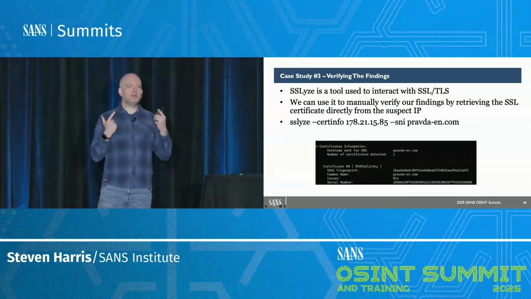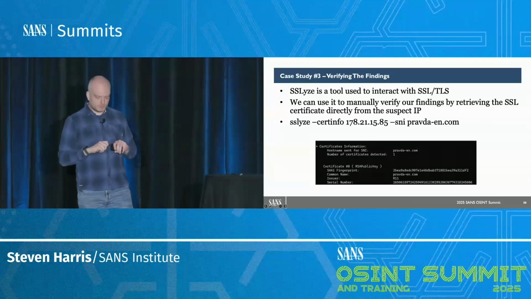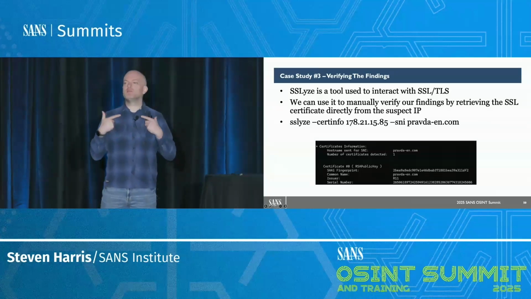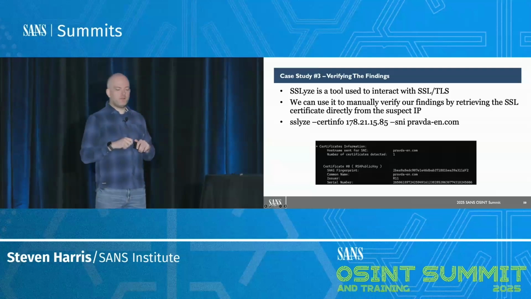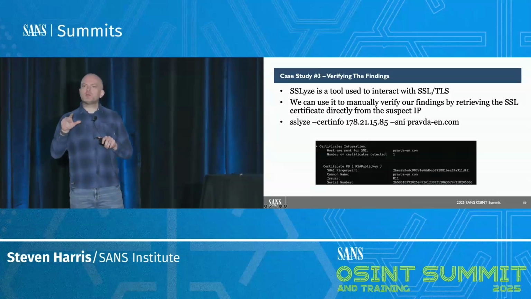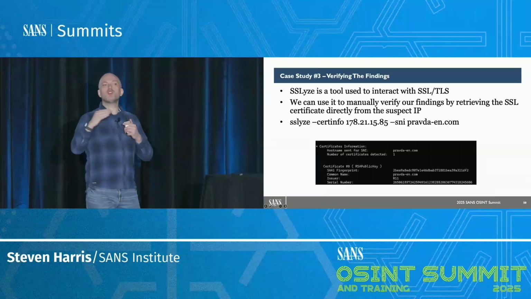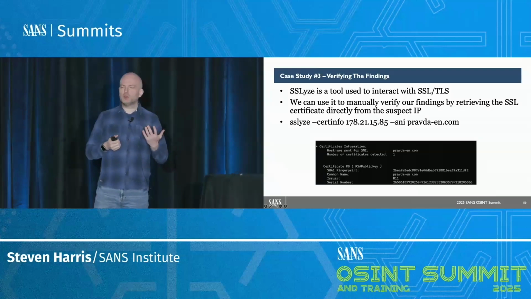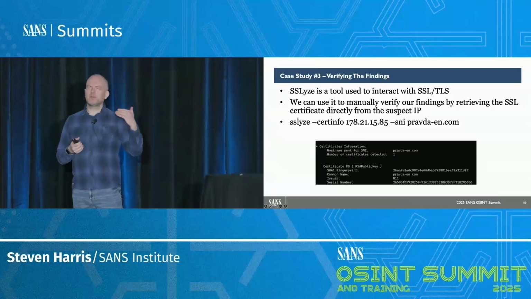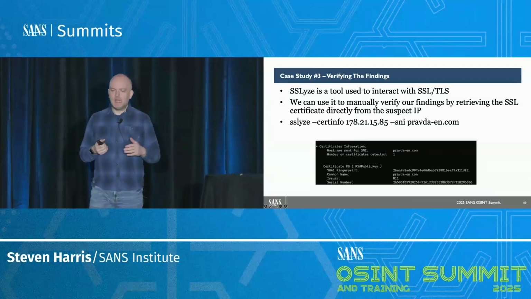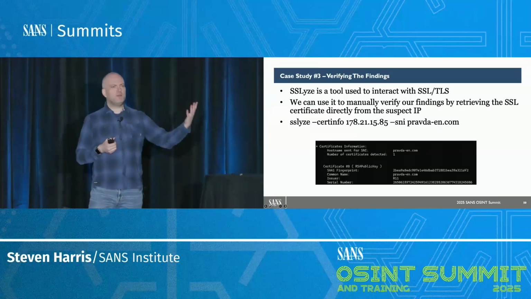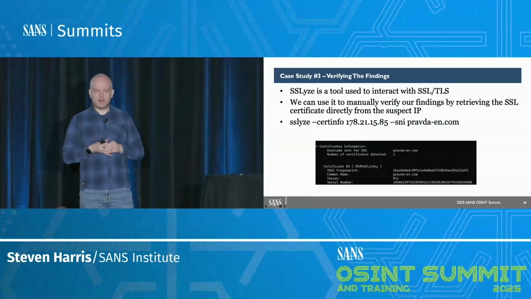Now, because we want to be diligent OSINT investigators, we don't just want to guess, we want to verify and test that our findings are accurate. You can reproduce this process on a per server basis using a tool called sslyze, which is a Python tool. If you've used Kali Linux, it's already built into Kali.